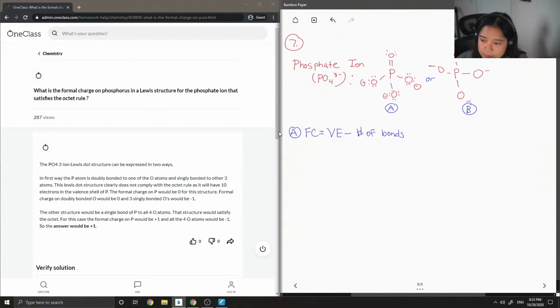Another way people write this equation is the number of bonding electrons divided by 2, or similarly, you can just say the number of bonds. It gives you the same number in the end anyways. And then also subtract any lone pairs on phosphorus.